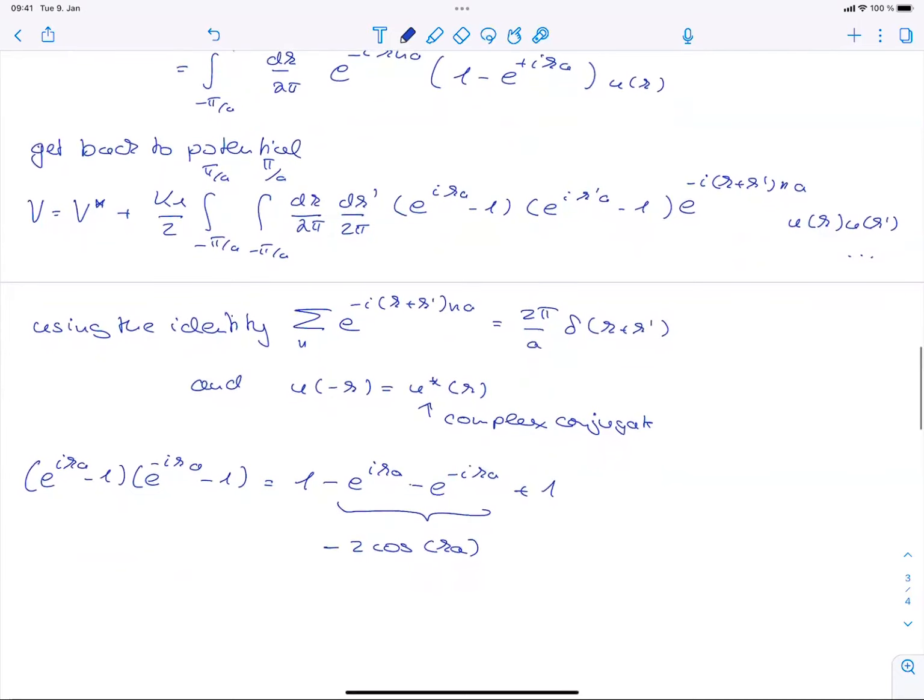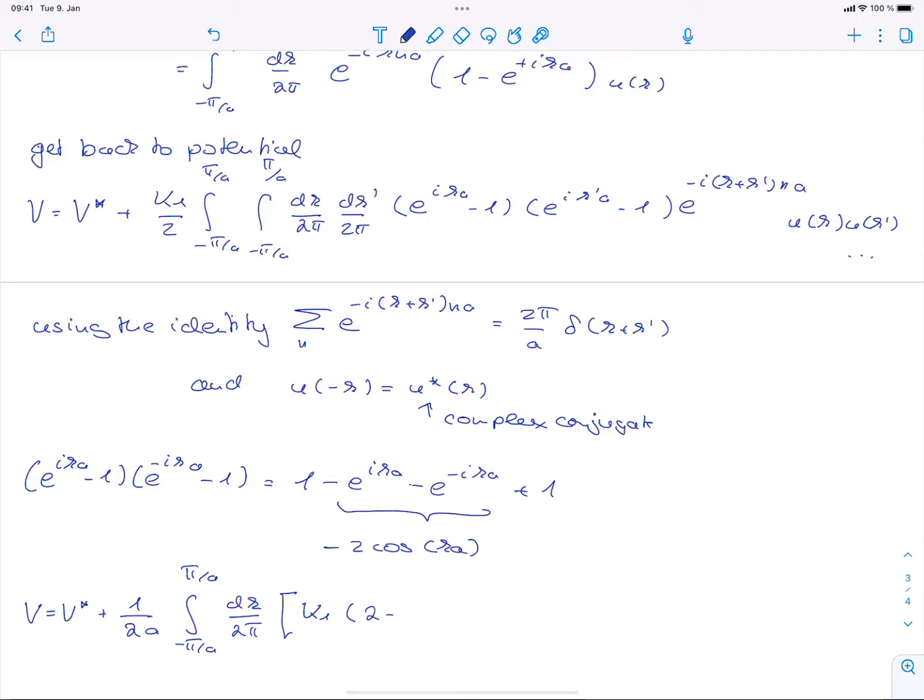So we can go back to our potential and rewrite it. Because of the Dirac delta, also one integration is already dealt with. So we are just left with this dk over 2 pi. And then we have here, this is the k1 term.